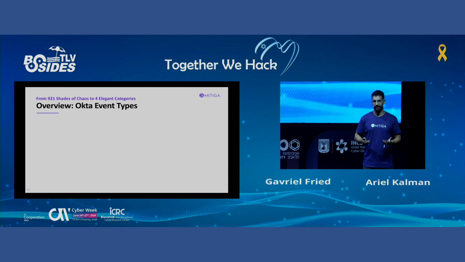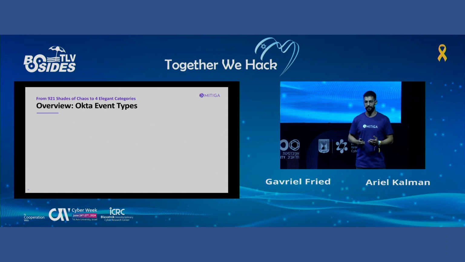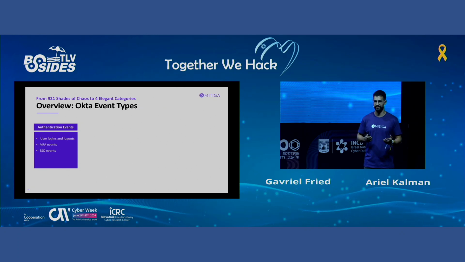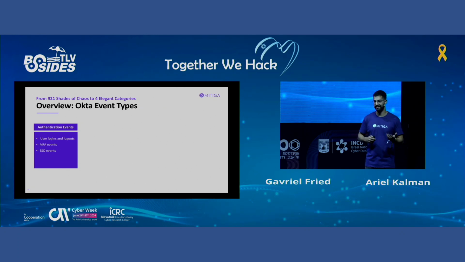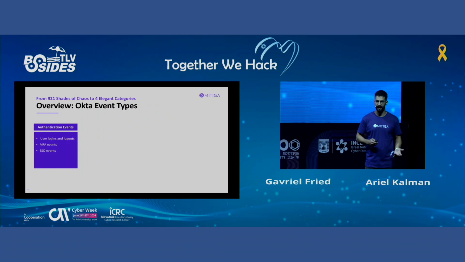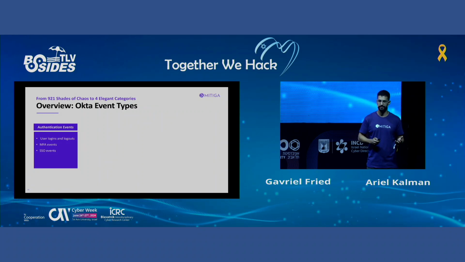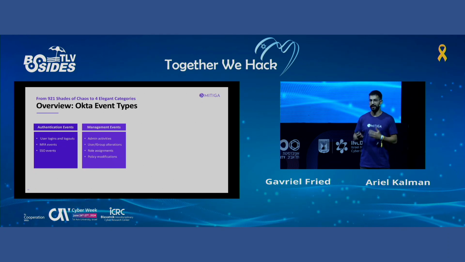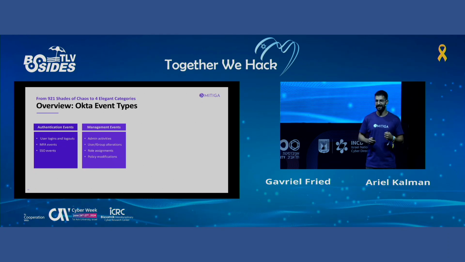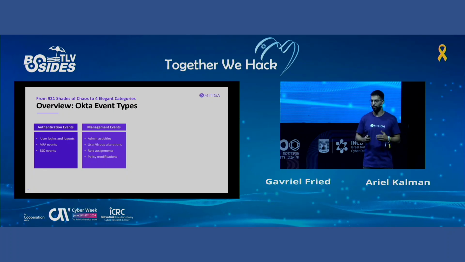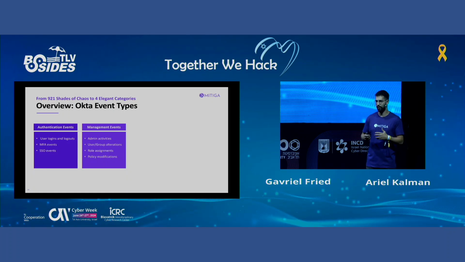So to make it simple, we divided all Okta event types into 4 groups. First is authentication events, where you can see user logins and logouts, multi-factor authentication events, single sign-on application access, and more. The second group is management events, where you can mainly see admin activity, including policy modifications, group alterations, and role assignments.